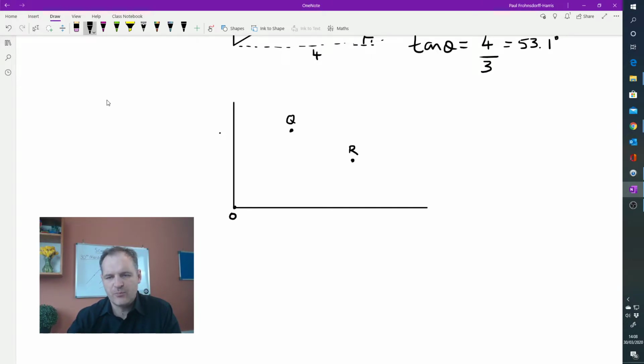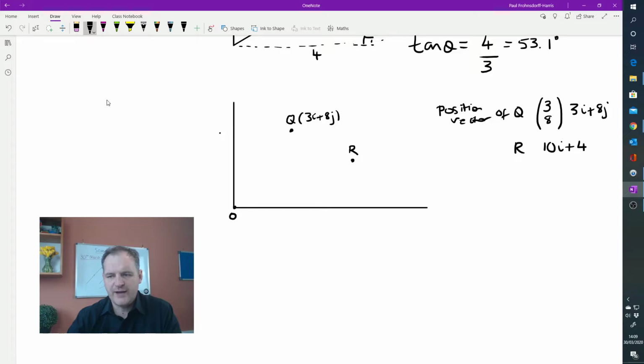So if we're told the position vector of Q is, let's say, 3, 8, or 3i plus 8j, and we're told that the position vector of R is 10i plus 4j, so 10i, 4j.